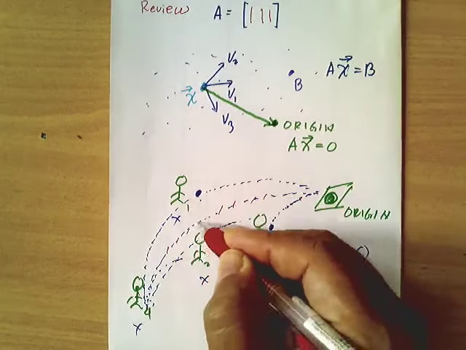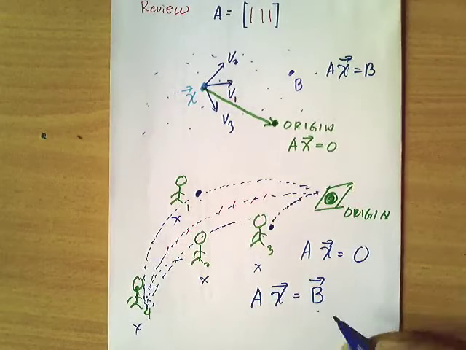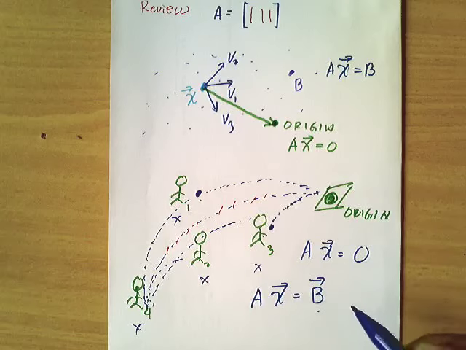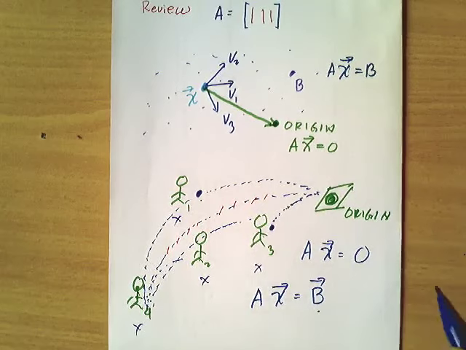So something like that. That is the intuitive concept of Ax = b. However, eigenvalues and eigenvectors are a different thing.